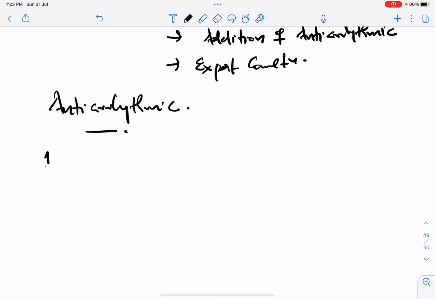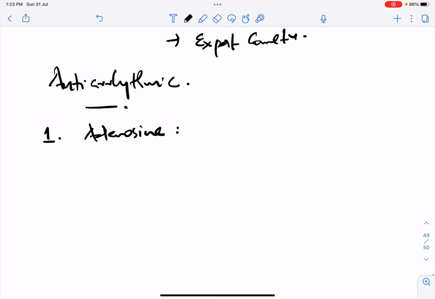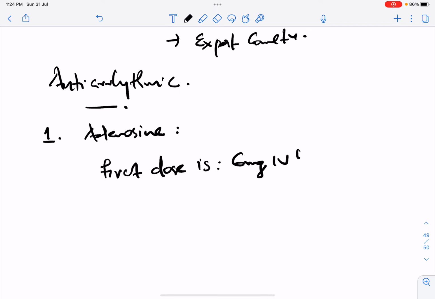First drug is adenosine. The adenosine first dose is 6 mg IV bolus. Usually it is given through the cubital vein.